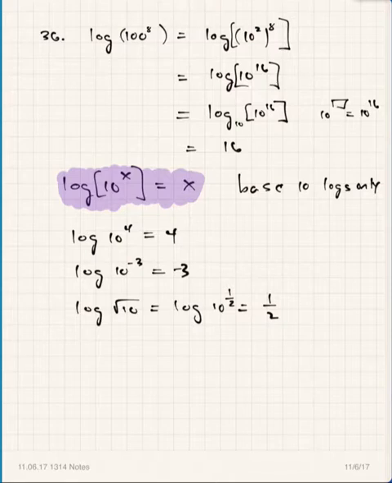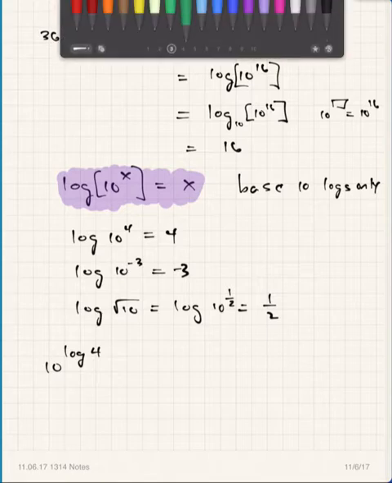All right, if you do that in a reverse direction, if you take 10 to the log of 4 power, for example. Now, what about that log of 4 right there? Well, let's just look at that off to the side here, separately for a second.